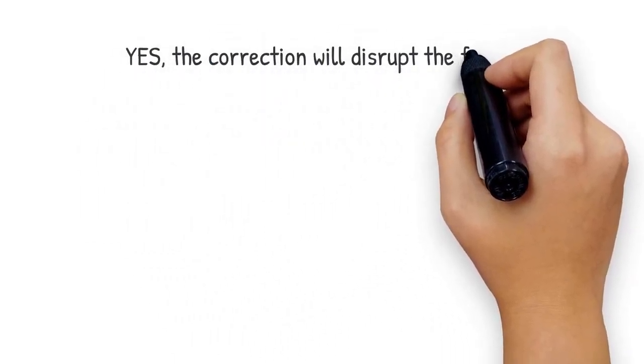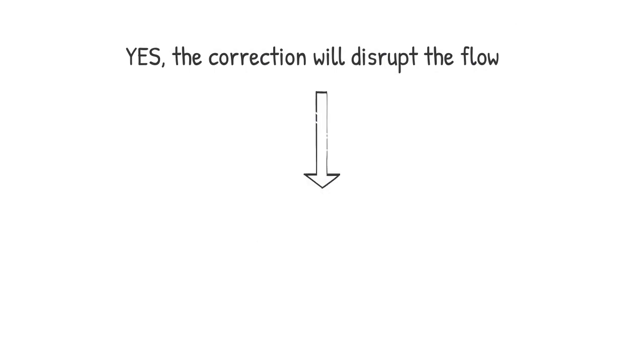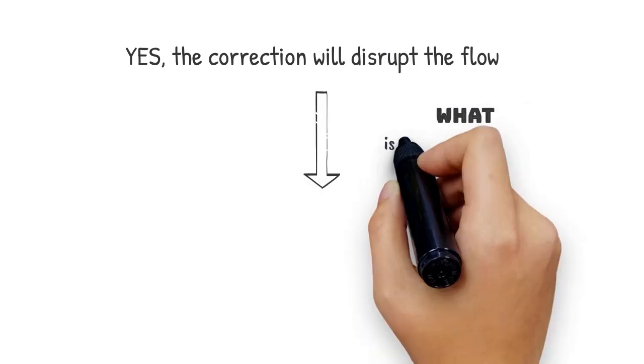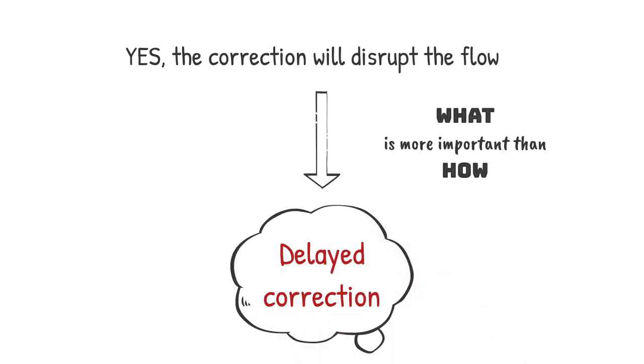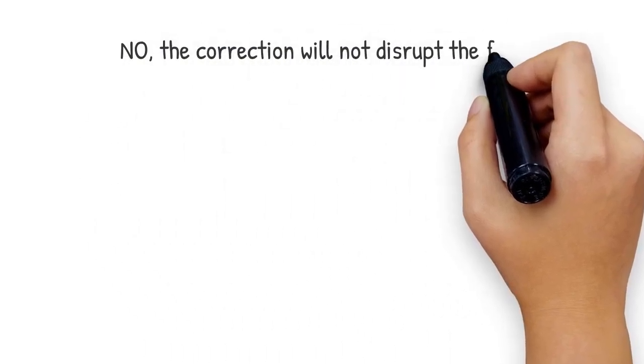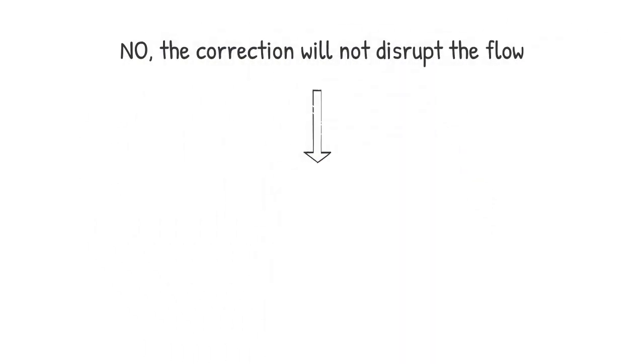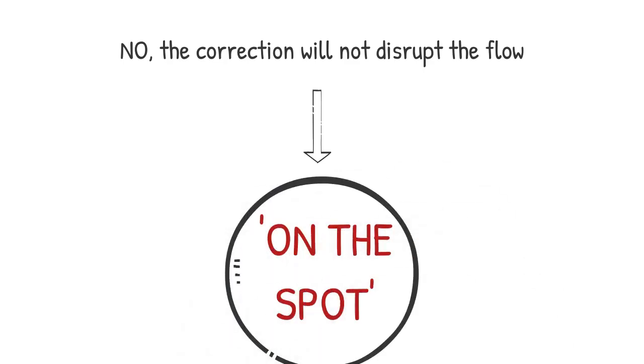If the answer is yes, it will disrupt the flow, meaning if students are deep into discussion and what they are saying matters more than how they are saying it, and your correcting will stop the discussion, frustrate students, or take them away from their tasks, then you don't want to correct immediately. Write it on a piece of paper and correct it after the activity or at the end of the lesson. If, on the other hand, the answer is no, the correction will not disrupt the flow of the class or activity, then and only then is the time to correct on the spot.